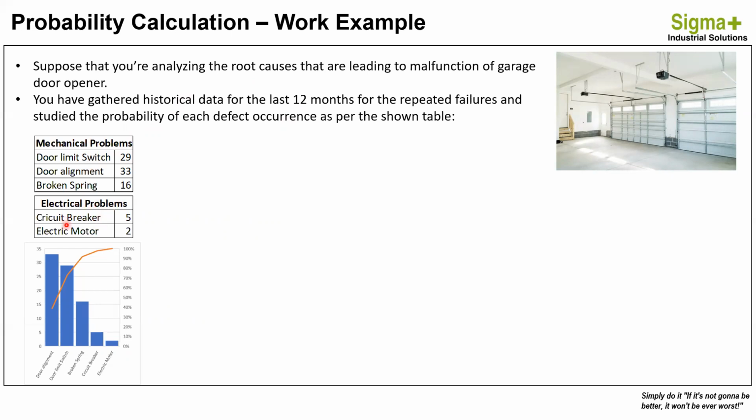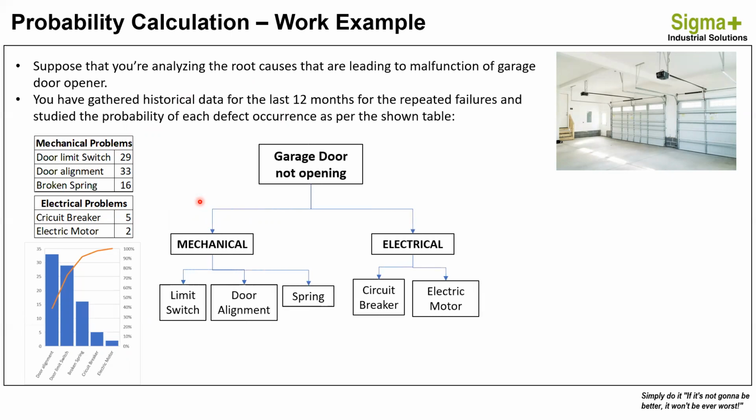Right. We also have a history log for the electrical problems, where we encountered 5 times problems for the circuit breaker and 2 times for the electrical motor. For those people who are working with reliability, they usually do what we call fault tree analysis.